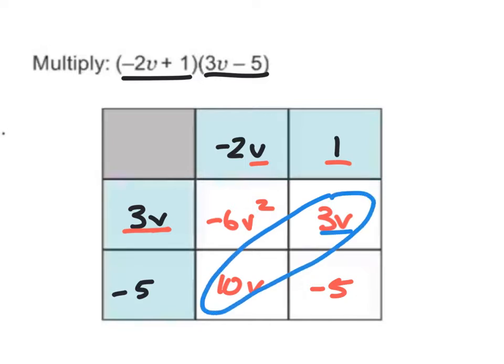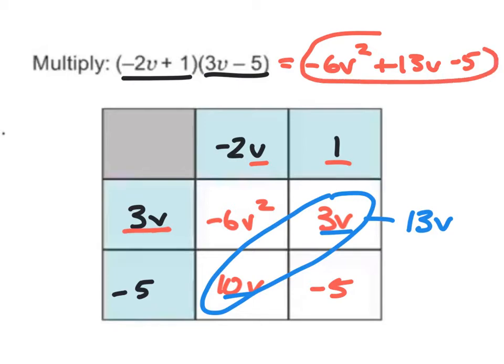If I take 3v plus 10v, that's going to give me 13v. So we're just adding those together. So what we end up getting, if I multiply these together, is negative 6v squared plus 13v, and then a minus 5. All right, and that's it. That's what we're doing.